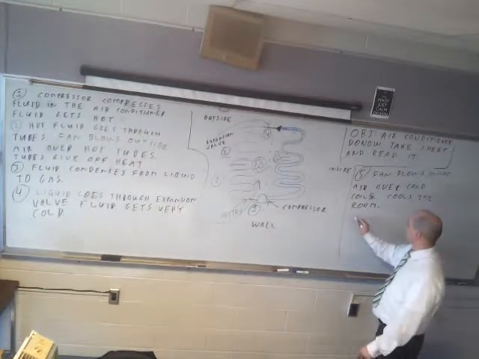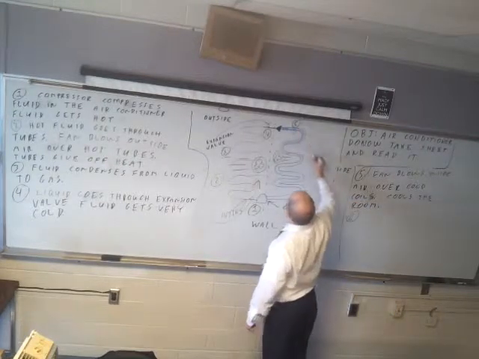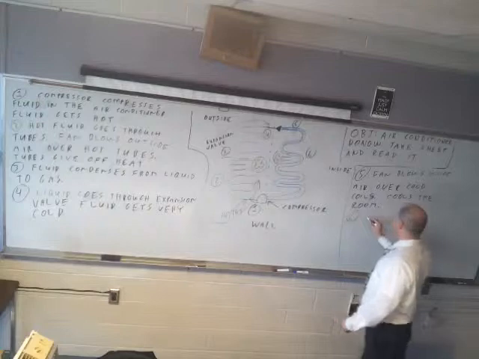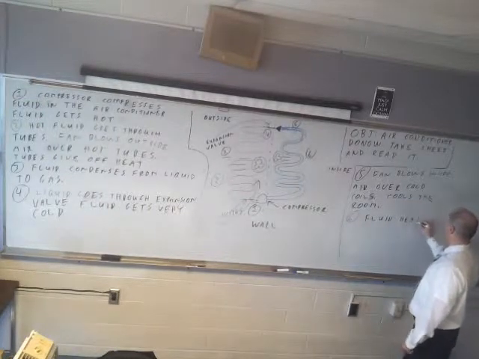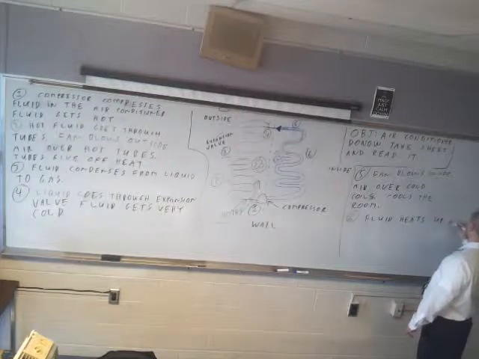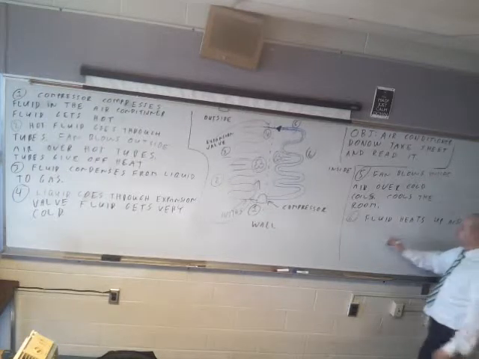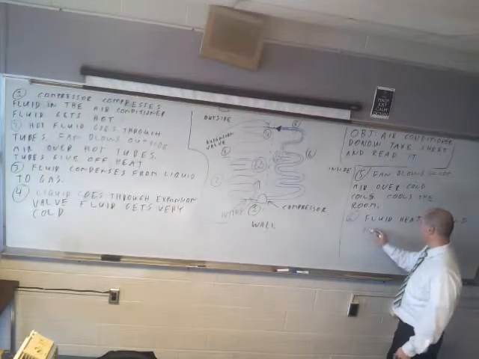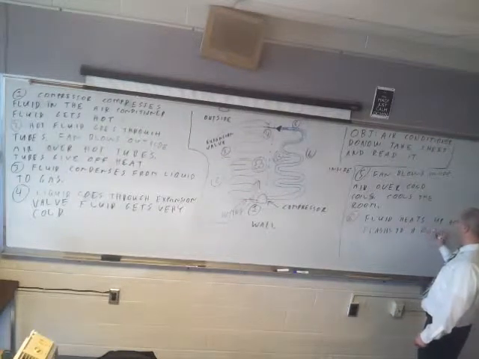And then as we go through this, so we'll put like 5 and 6. Fluid heats up, and so as it's heating up, it's taking heat out of the room, right? It's cooling the room, which is the whole point, and flashes to a gas.